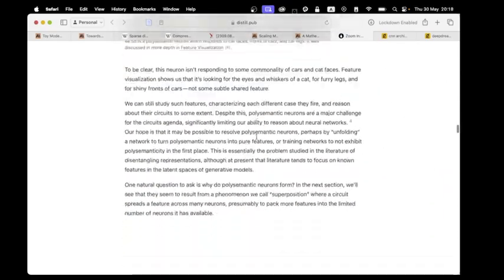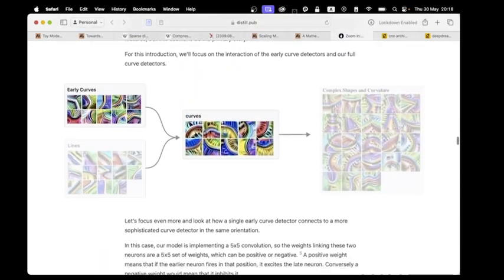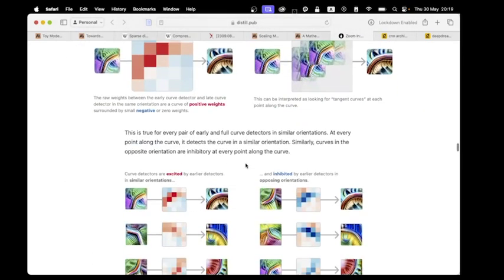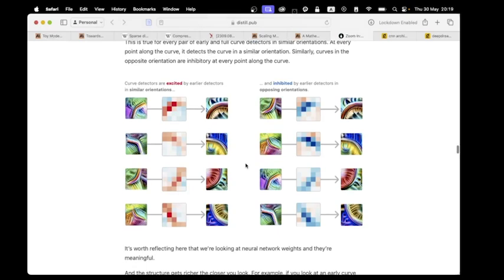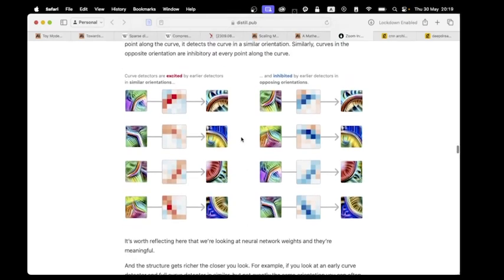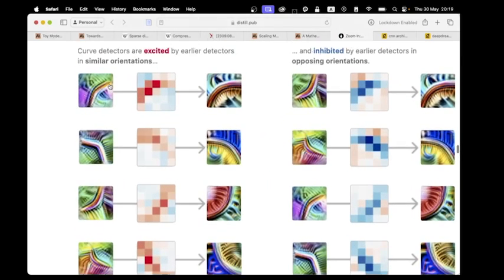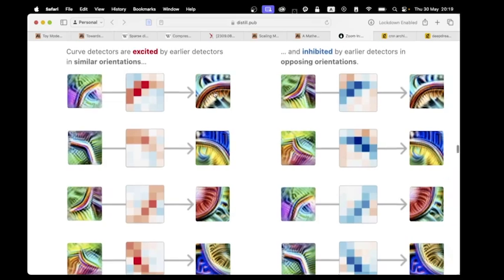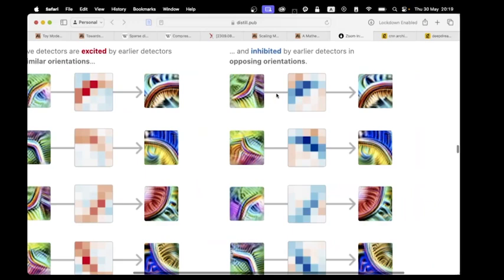Basically they say that these things work as detectors. If we have a curve like this, then it's activated for a curve in the same direction, and inhibited for a curve in a different direction.